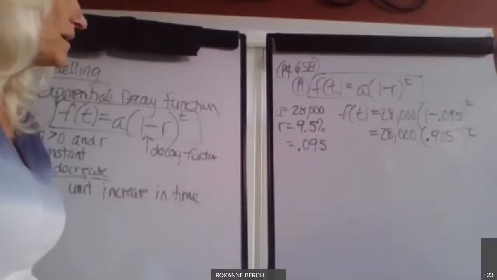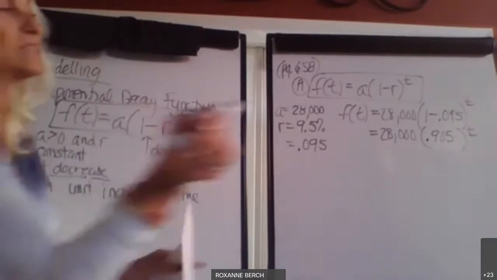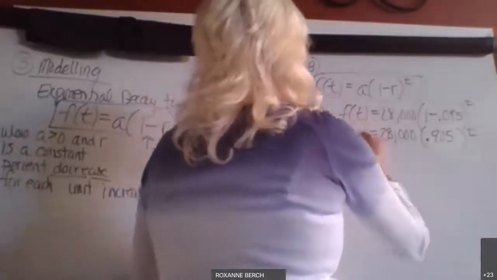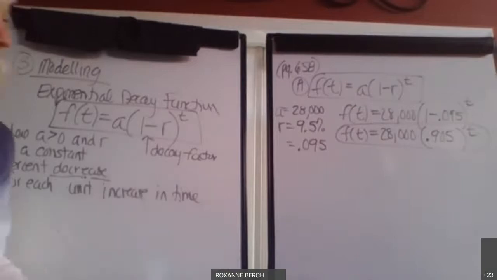Right, so let's look at the problem again. It says use the graph to predict after how many years the, okay, so first of all, this is the function. And they want to know how many years after the value of the truck will be 5,000.